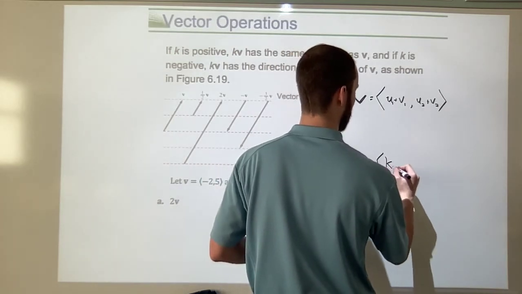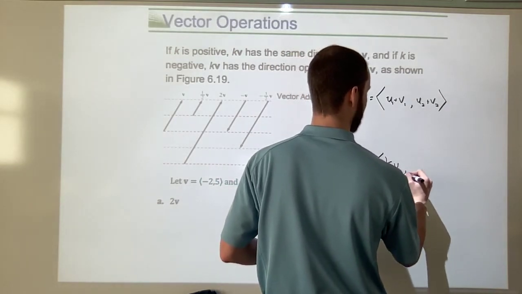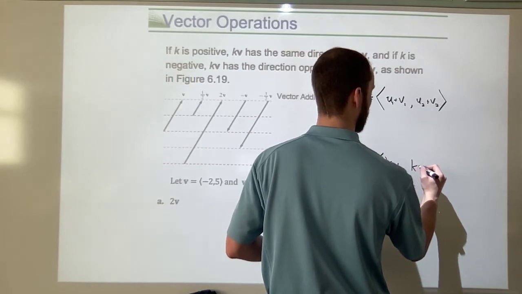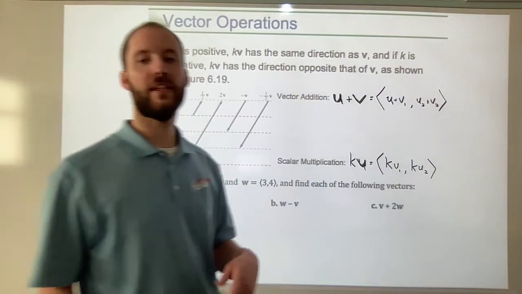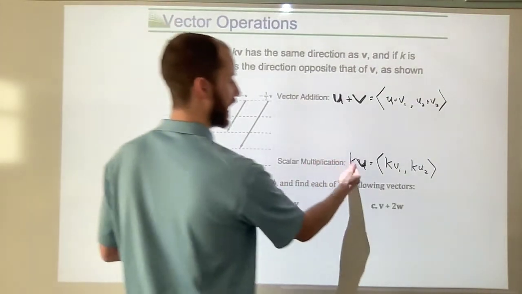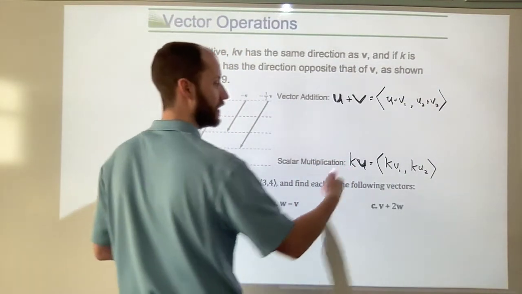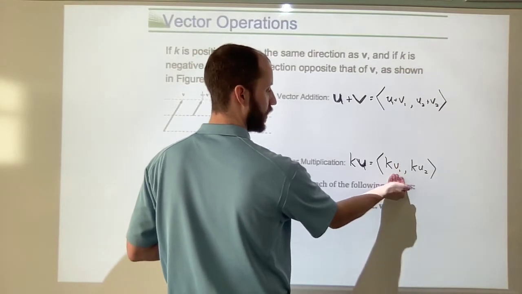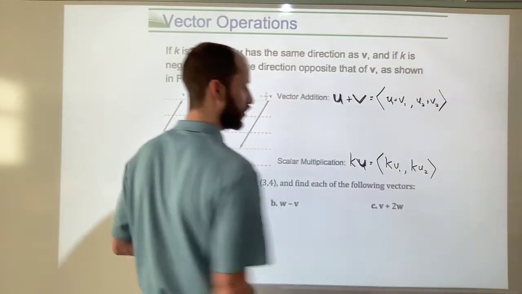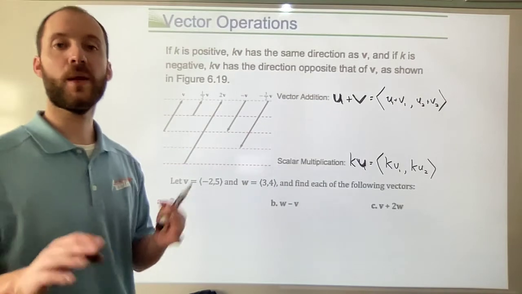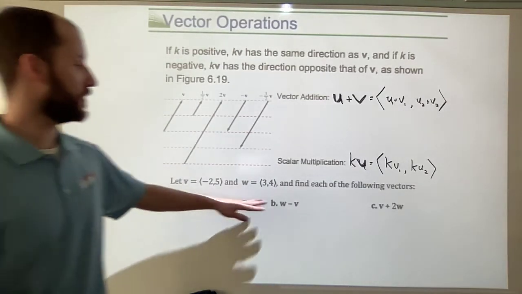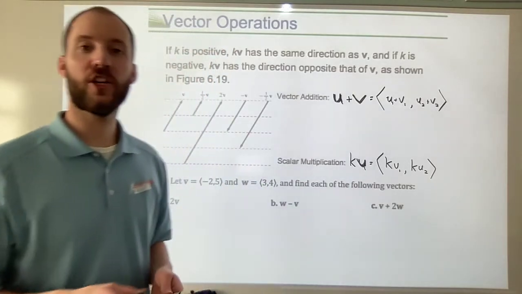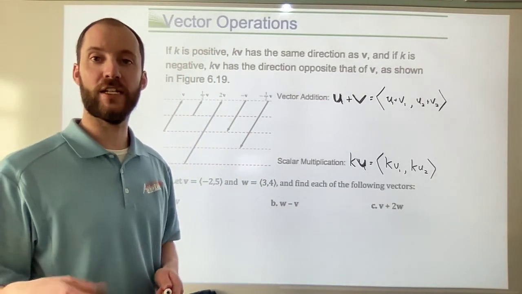That scalar multiple just gets applied to the horizontal and the vertical. So k gets distributed to the horizontal u sub 1 and the vertical u sub 2. So take a moment to pause the video, look at examples A, B, and C, then check your work with my completed notes.